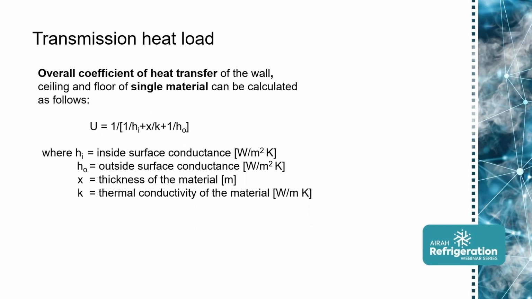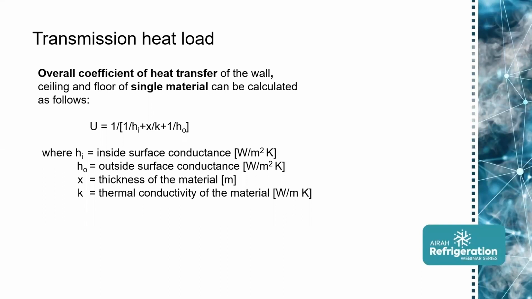Now, next slide, please. Thanks. Now, if the structure is, say, the wall, floor, ceilings of one single material, the U value is given by the formula shown here, which is 1 divided by the sum of 1 over HI plus X over K plus 1 over HO.